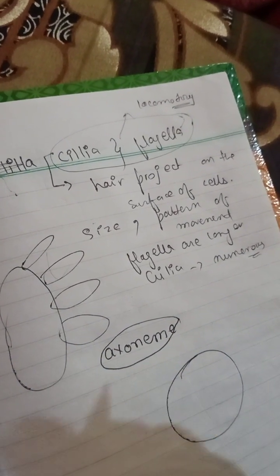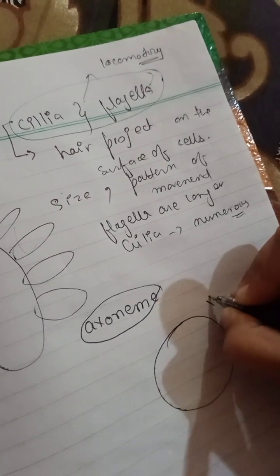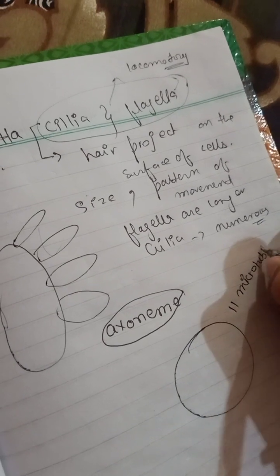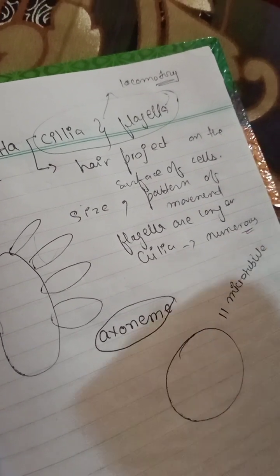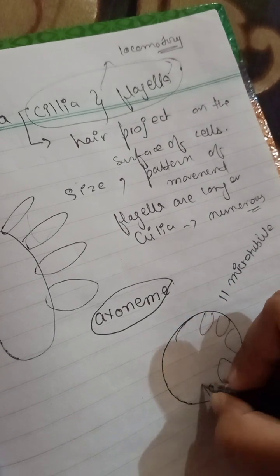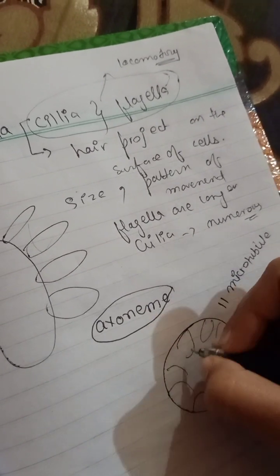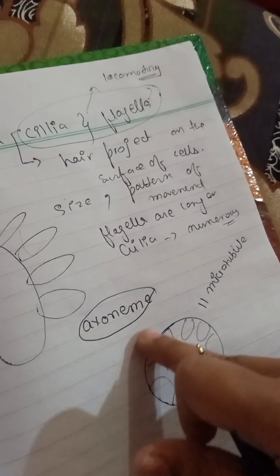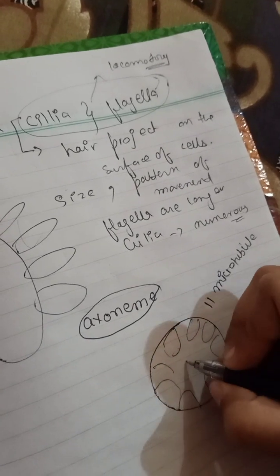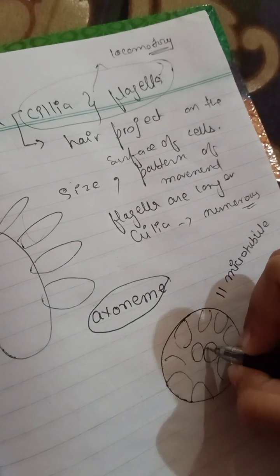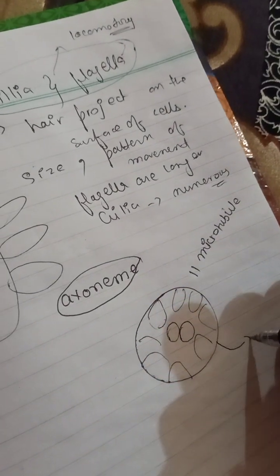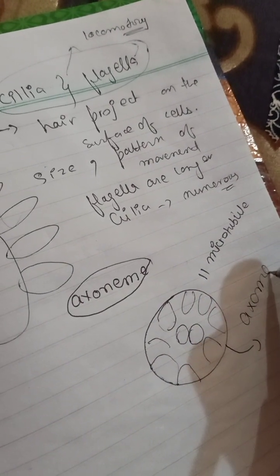The axoneme is made up of 11 microtubules. Nine are in duplets, arranged in a ring, and in the center we have 2 single microtubules. So that we are calling the axoneme.